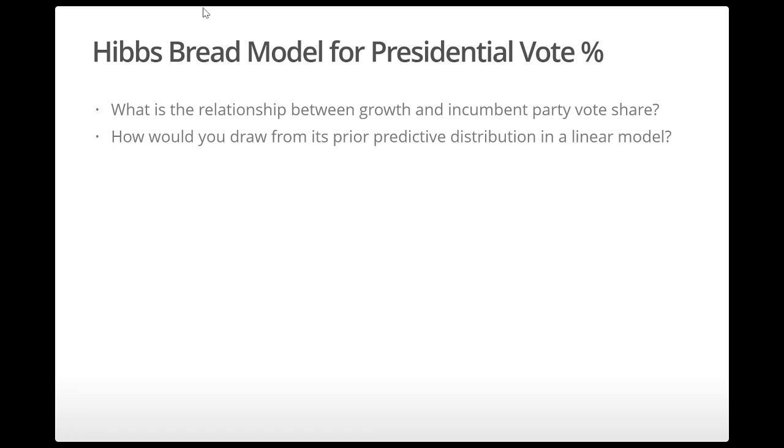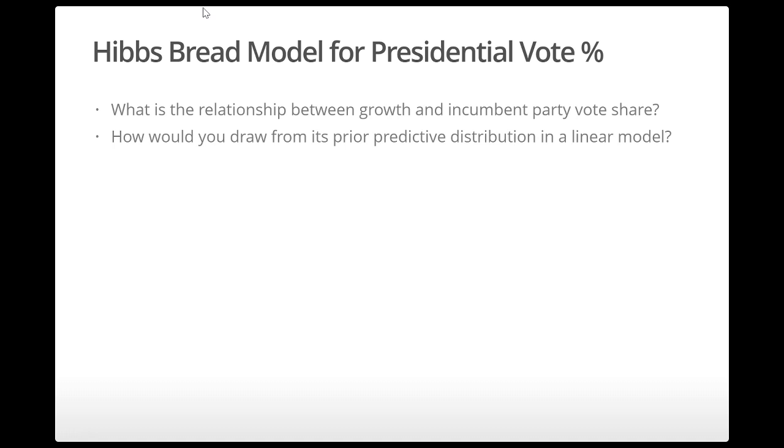Yeah, really talking basically between 40 and 60. Maybe if there was a Vietnam War or something like that, it could go outside of that. So we basically want to be putting most of the prior probability in that range, and maybe a little bit north of 50. Okay, we can do that.